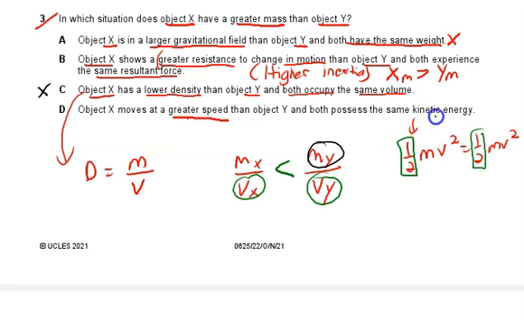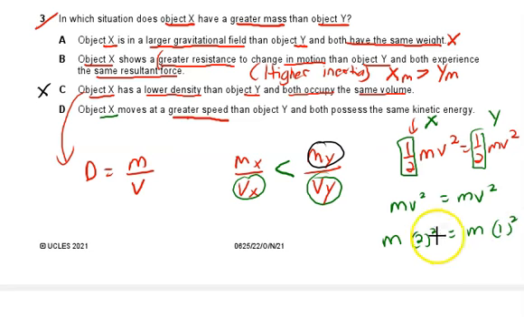Alright, this is for X and this is for Y. So now we have this. Now object X is moving at a greater speed. So let's say we put 2 here and we maintain 1 here. So automatically, this is for X and this is for Y.